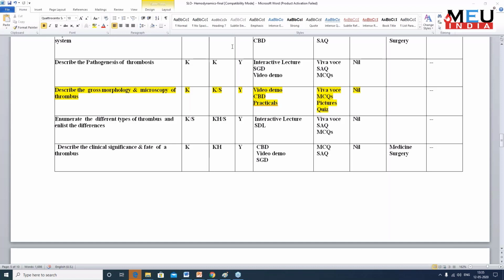Taking a case-based scenario would be good in this situation, because the student will be better able to understand the clinical effects than just a verbal discussion. Any changes, any inputs, or shall we move on to the next component?